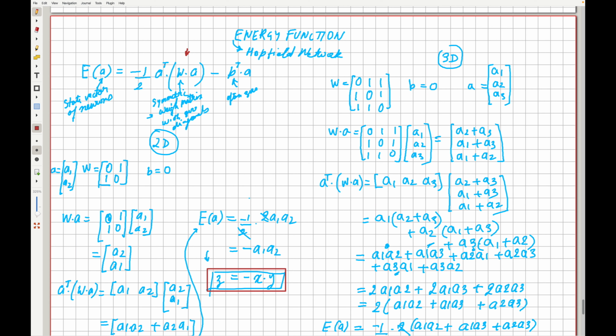And when we perform a dot product with A transpose, this vector gets collapsed or summarized into just one scalar value. So performing A transpose with W dot A can give us an overall picture of all the neurons in that layer, and how they are affecting the energy for that system or for that network.